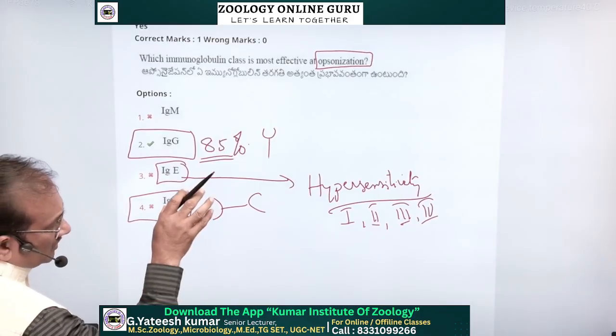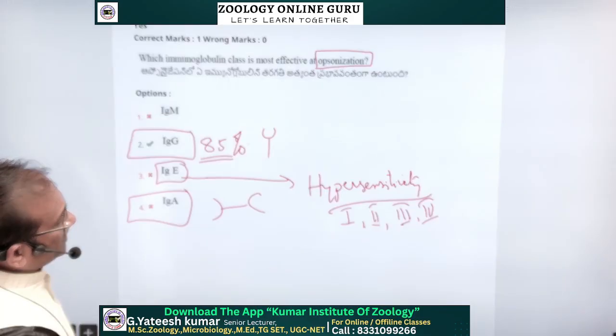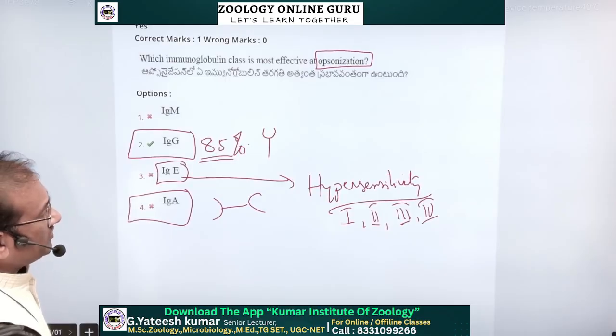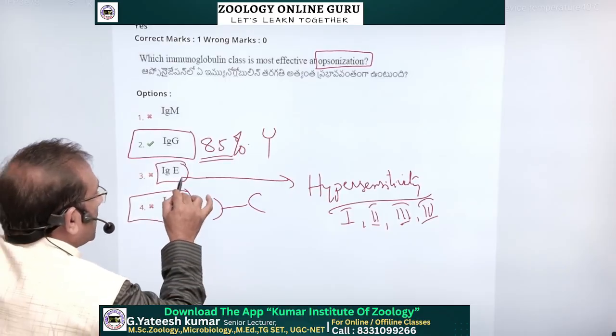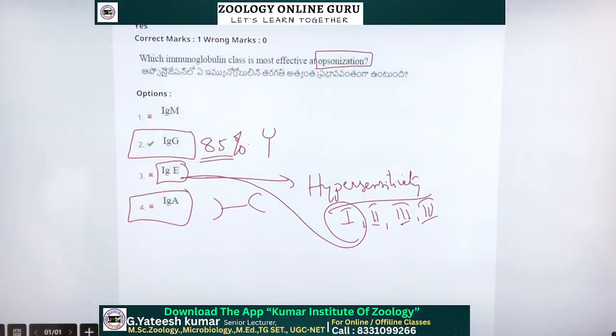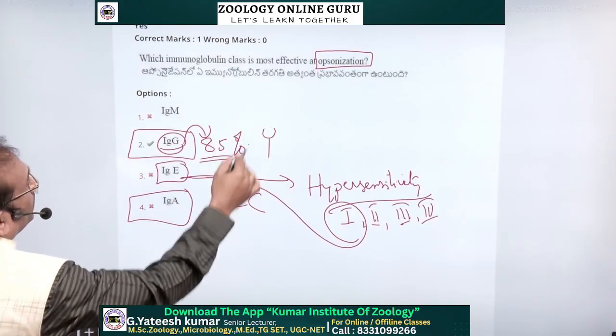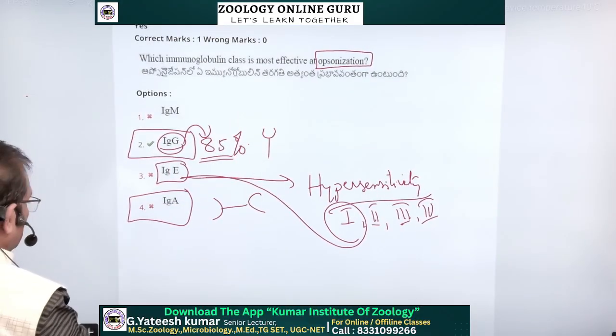They ask on these definitions about hypersensitivity in the MSc Zoology or recruitment examinations. Type 1 is caused by IgE antibodies. So here the answer is IgG antibody, which participates in opsonization.